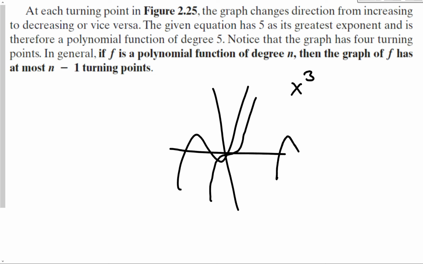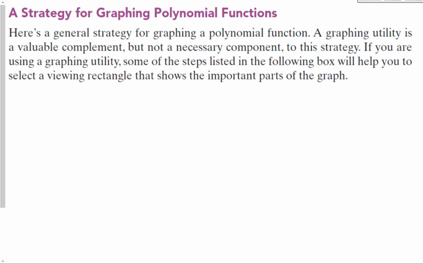But if I turn 3 times, that's not a function to the third power anymore. Because look, both sides are going down, which means my exponent has to be even. Okay, 3 is not even. So based on the number of turning points that we see, we can infer the smallest degree the function could be, but it could always be higher.